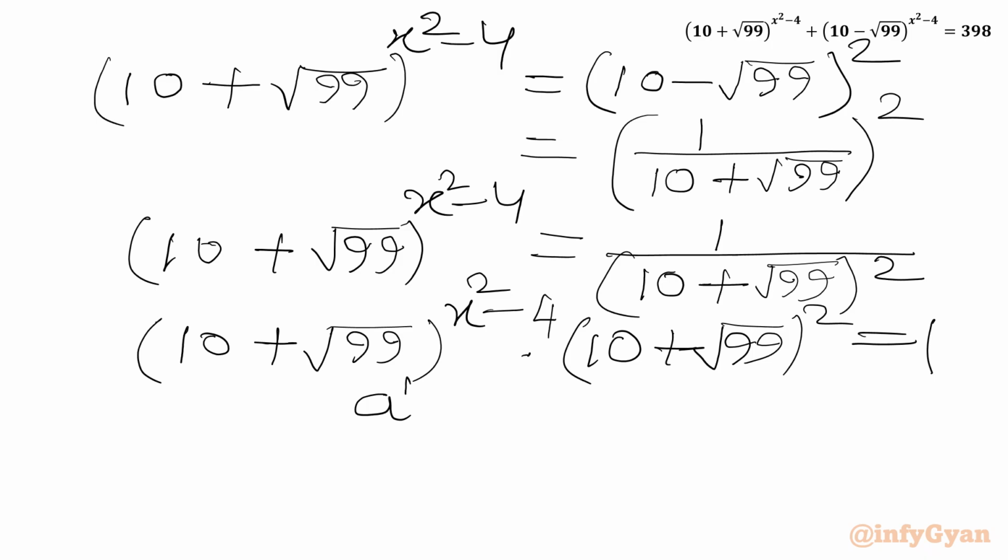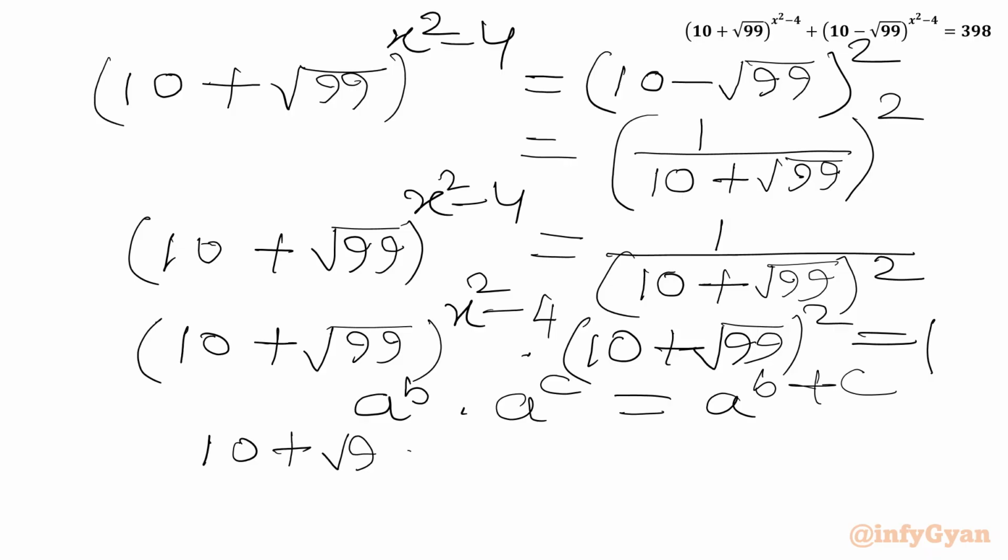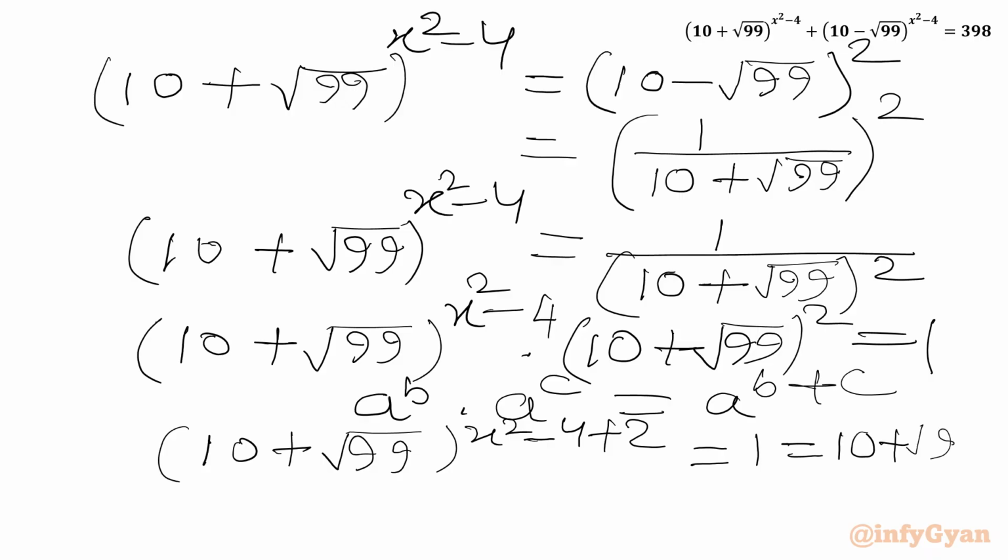Now we know that a power b times a power c, this is equal to a power b plus c. So I need to write here 10 plus root 99 whole power will be x square minus 4 plus 2 in the exponent equal to 1. And 1 we can write equal to 10 plus root 99 with whole power 0. We know that exponent with power 0 value will be always 1.